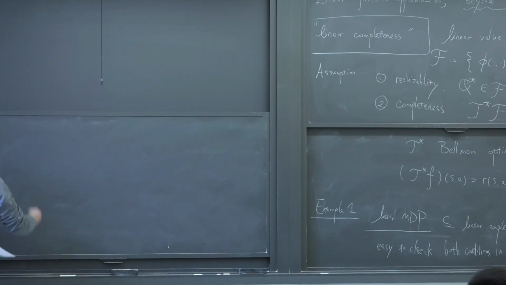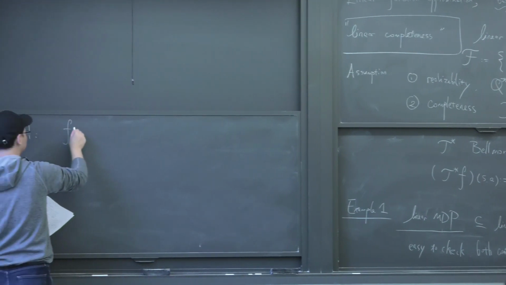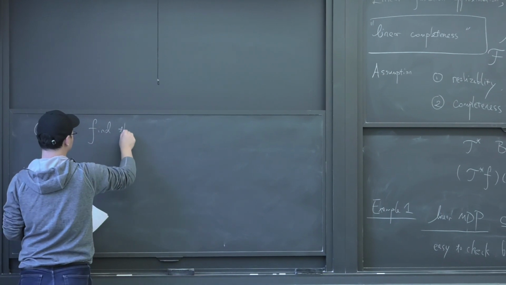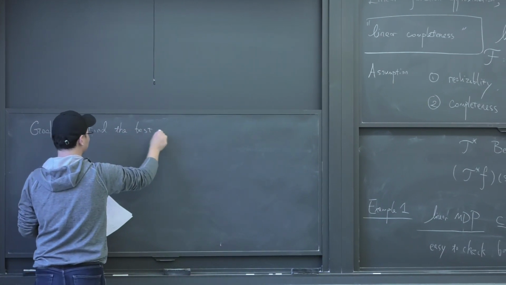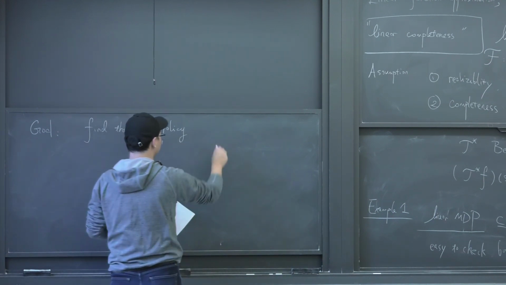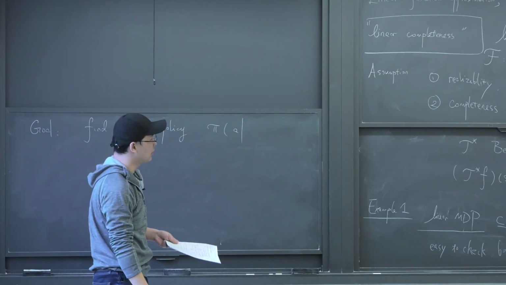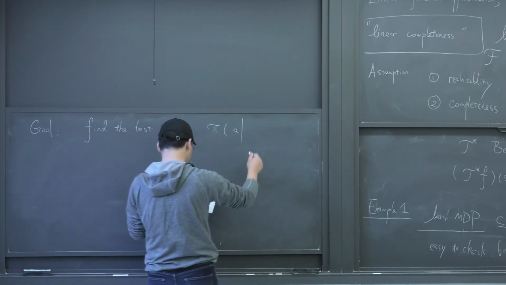And the goal of such a problem is to find the best policy. Essentially the policy is we can control the acceleration conditioned on the state, where the state here is just the height and the velocity.